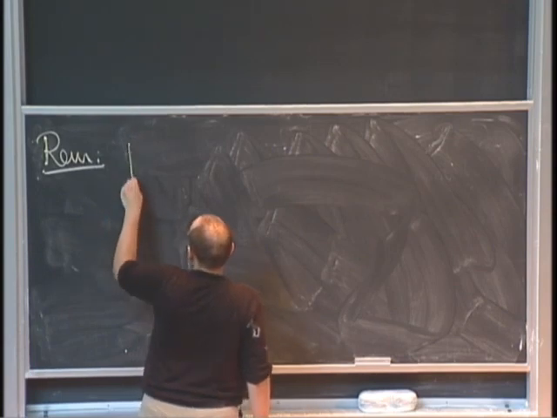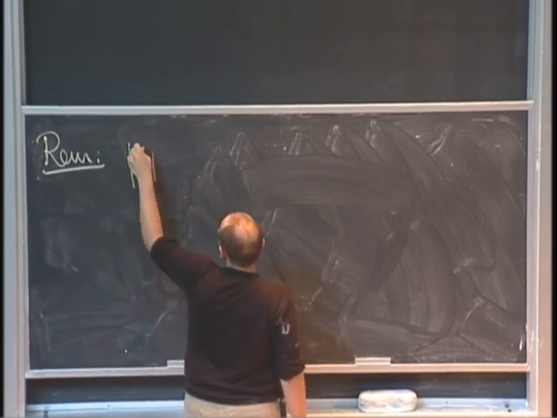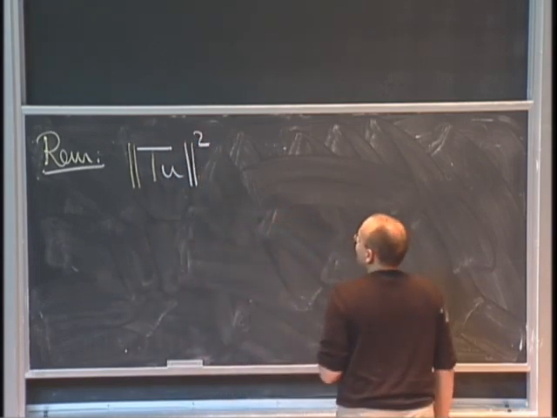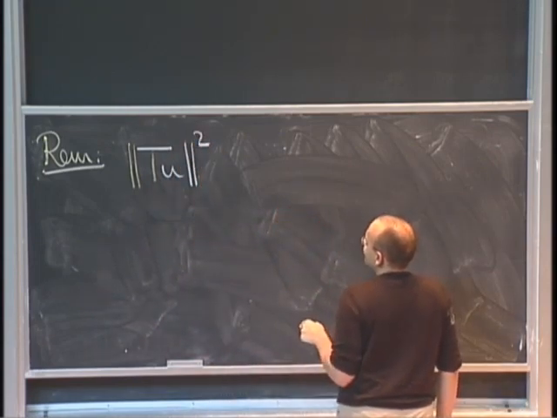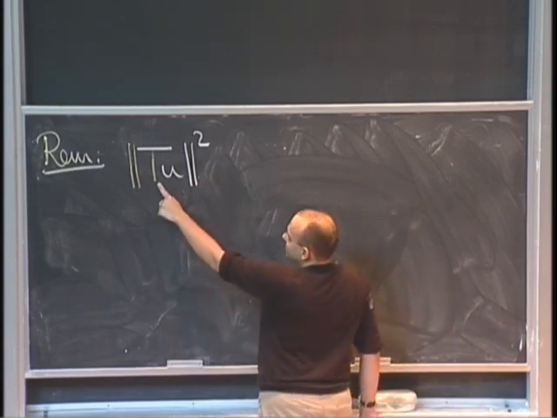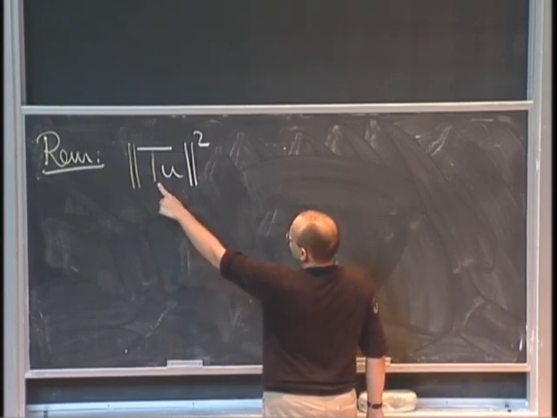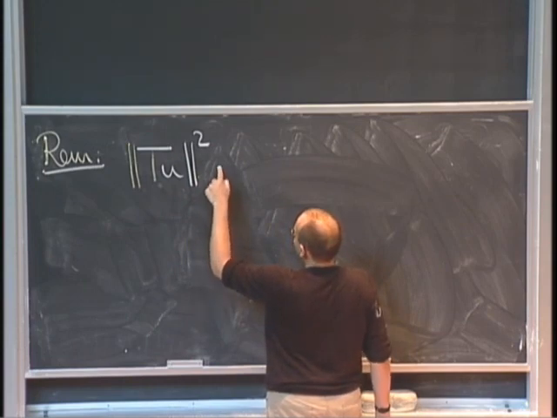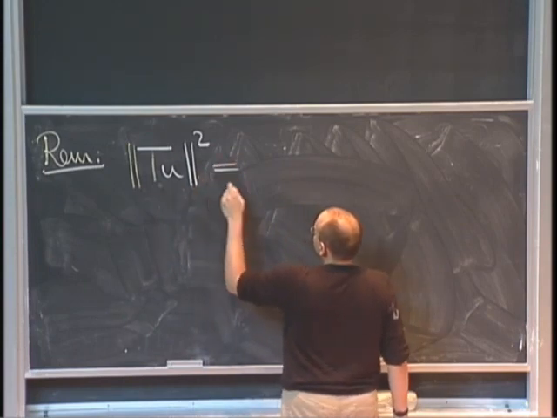So you have some operator T, and you want to compute the norm squared, the L2 norm squared, or some Hilbert norm squared.